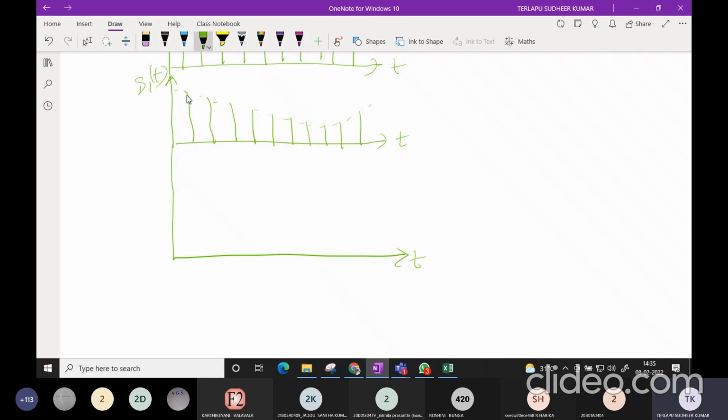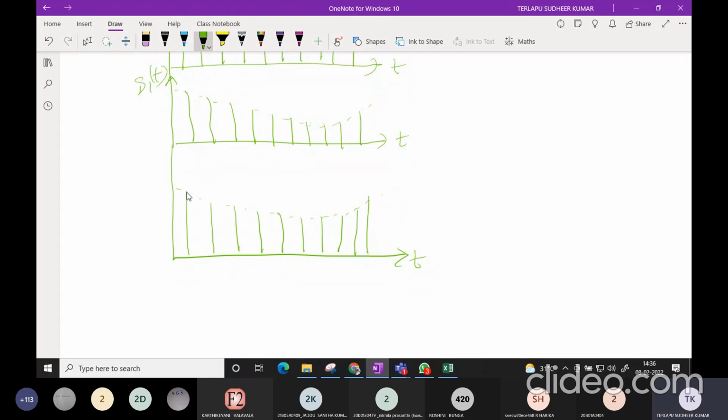Again, let me draw that S1 of t. For instance, I am drawing it so that you can synchronize in time.